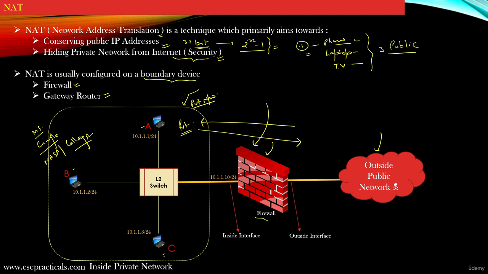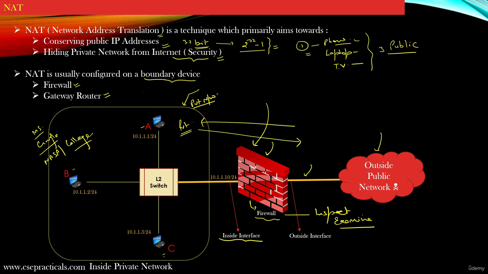That's the responsibility of this firewall device, to inspect or examine all the network traffic going from inside to outside or coming from outside to inside of this private network. Therefore this firewall device has 2 types of interfaces. The first is called the inside interface, which is connected to the private network, and the outside interface is the interface which is connected to the public network.